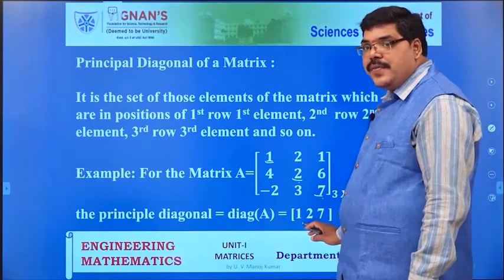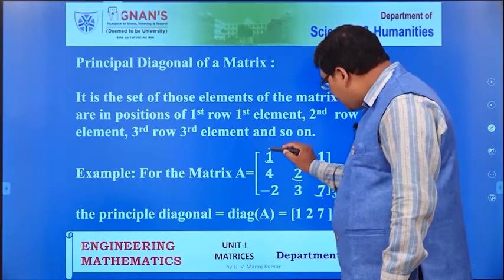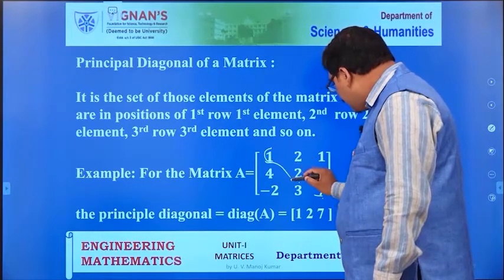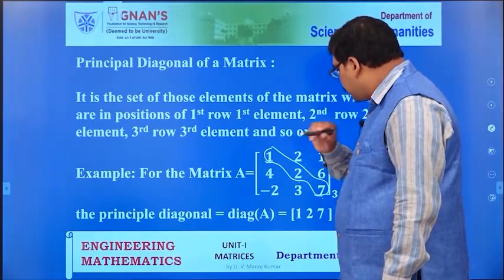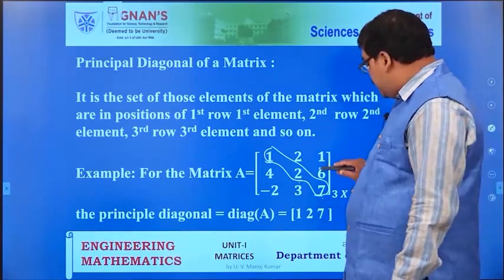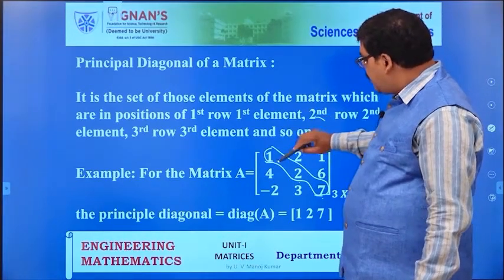See, 1, 2, 7 are the diagonal elements of the matrix. So they are here.